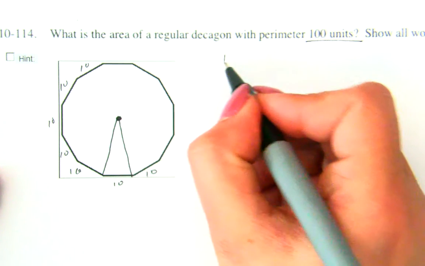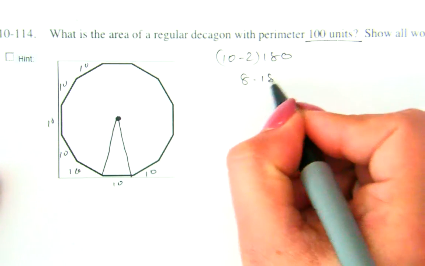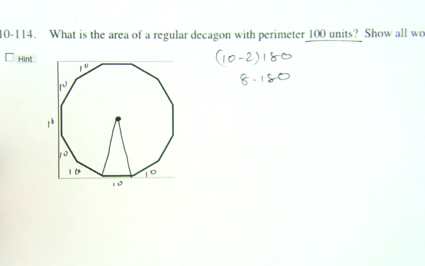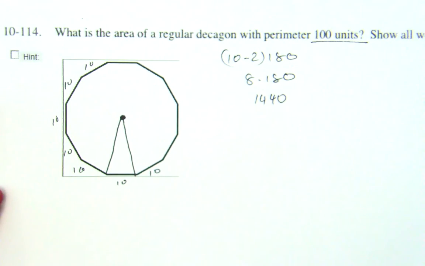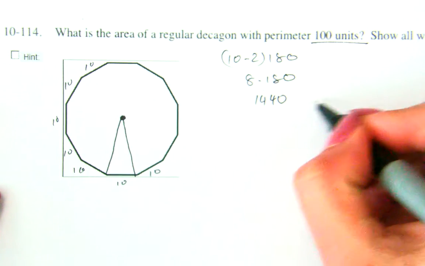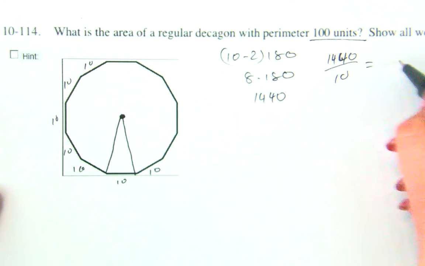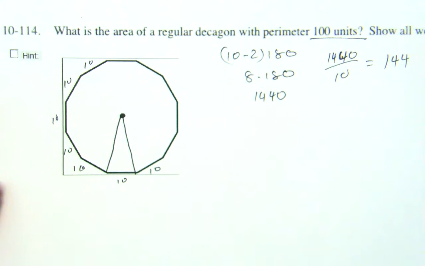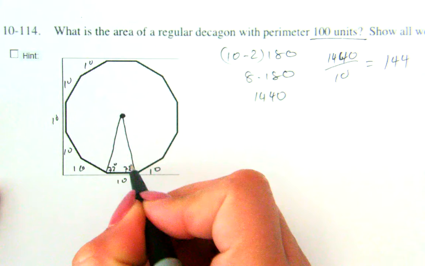So 10 sides minus 2 times 180, 8 times 180, is 1440, divided by 10 is 144. 144 divided by 2 is going to give you 72. So these interior angles here are 72 degrees.